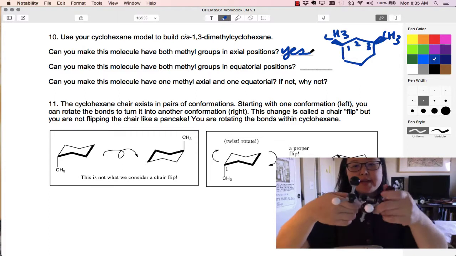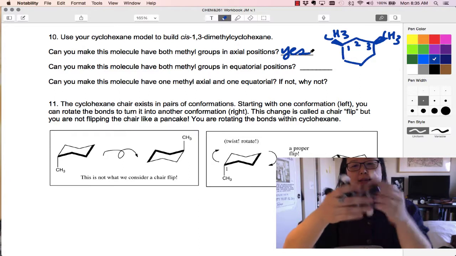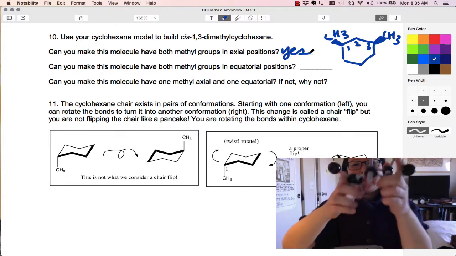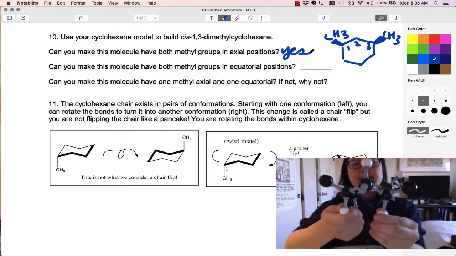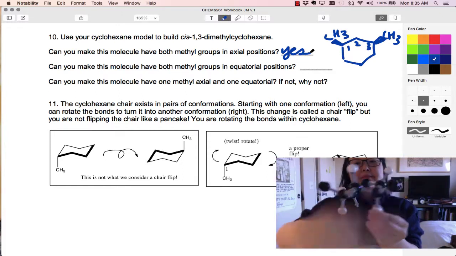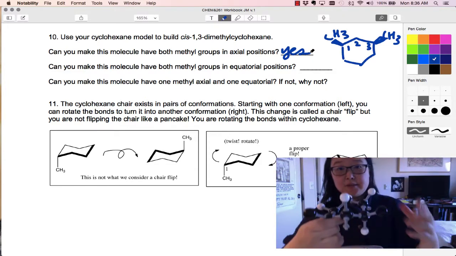If I try to make them equatorial, and then maintain my zigzag, I can get a form where they're both equatorial. So here's my axial down, equatorial up. So they're still both up and up, so they're still cis to each other.